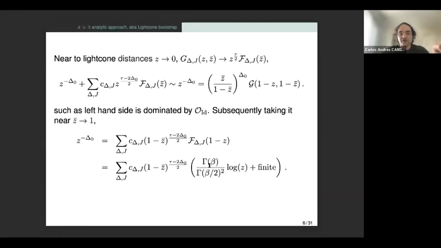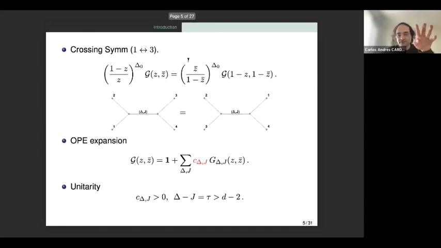So if I go to that region, first taking the z to 0 limit, we know for a fact that these are called the conformal blocks. I'm sorry, I forgot to define those. These only depend on conformal symmetry, and the information about the particular theory you are looking at is encoded in these coefficients. The conformal blocks are just a consequence of the symmetry, so they are established.